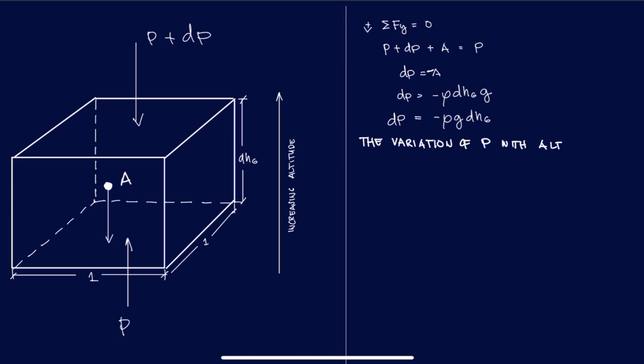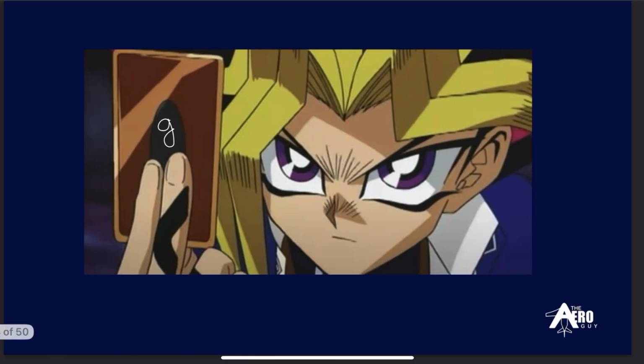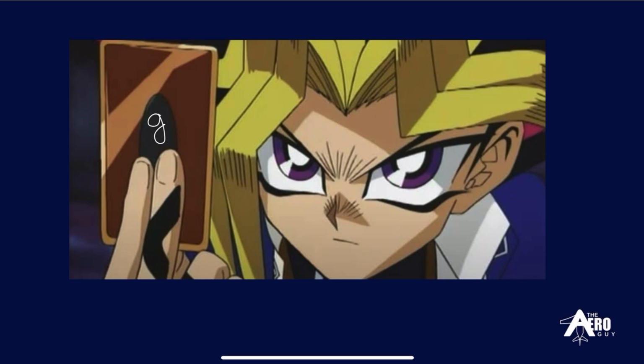Now, there's one problem here. We actually have three unknowns, three variables in this equation, one of which is gravity. Gravity here is a trap card, simply because in the earlier discussion we understood that gravity also changes with altitude.